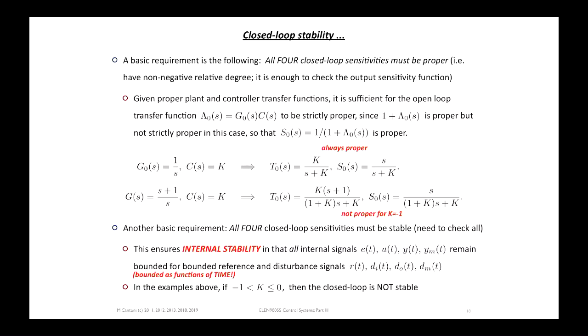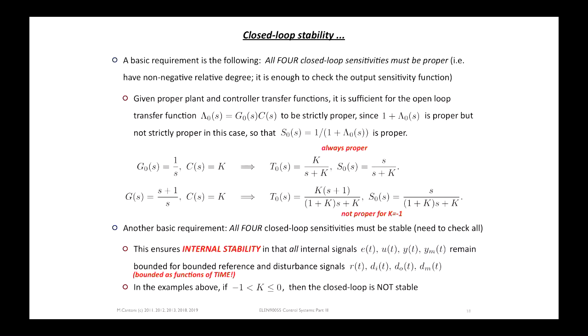So properness of the closed loop sensitivity functions is easy to achieve. You just need to have enough roll off at high frequency. You can always put that into your controller without interfering with things that have been set up at lower frequencies, in other words, without interfering with the satisfaction of performance specifications that have been used to set the rest of the controller.